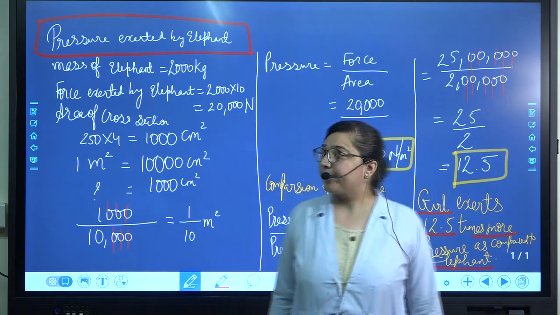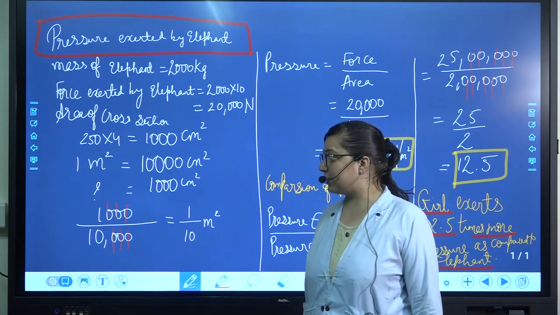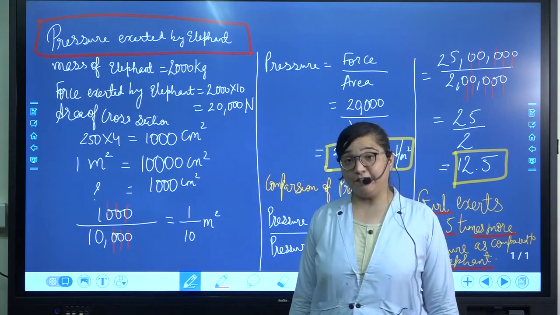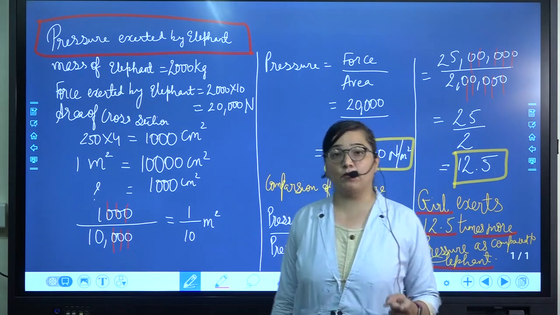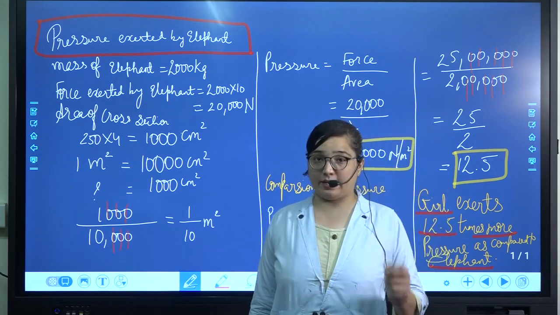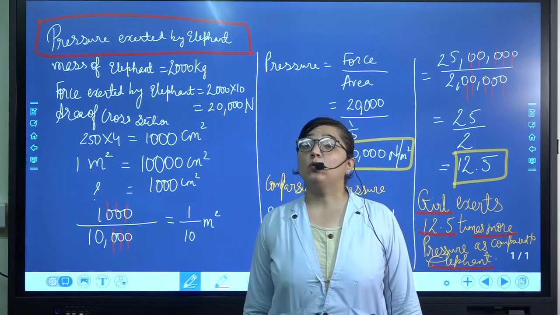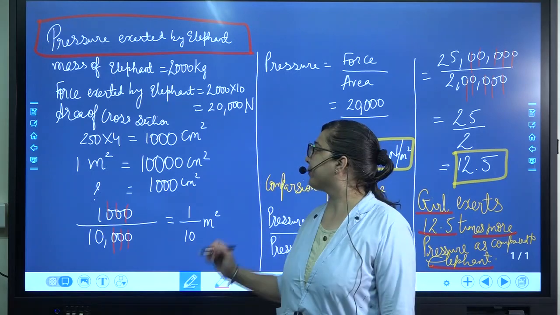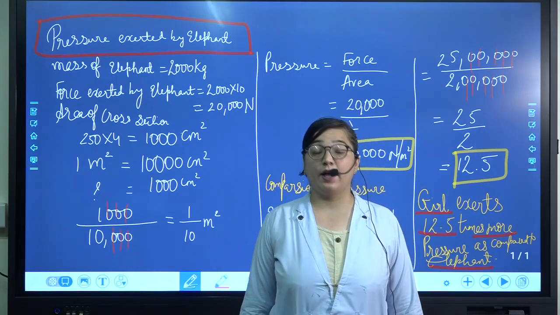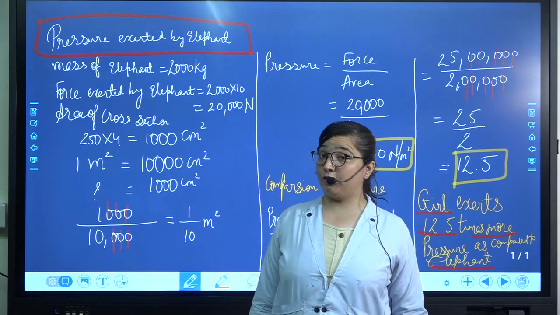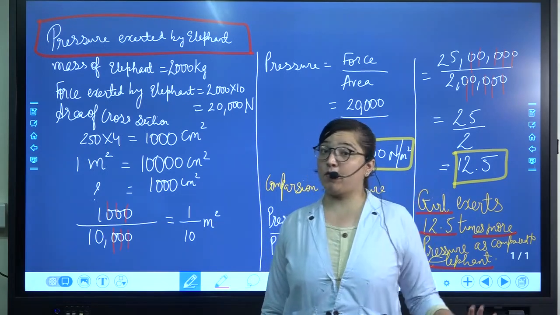Then comes area of cross section. One foot's area of the elephant is given to us as 250 centimeters square. Elephant is having how many foots? Elephant is having 4 foots.